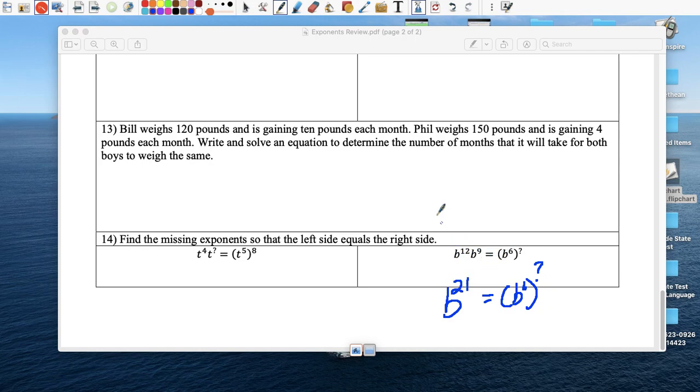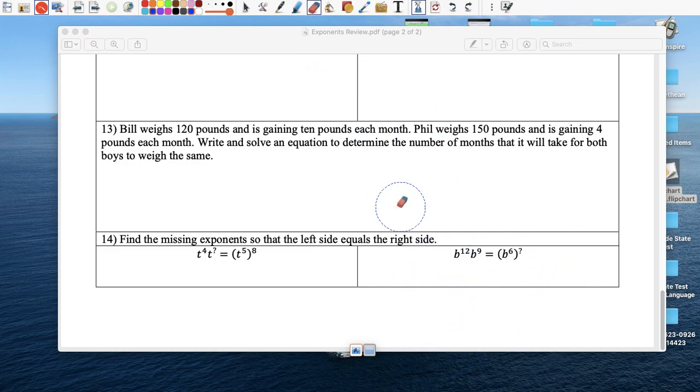And in this case, I made a mistake because there's nothing that you can multiply 6 by to get you 21, right? 6 times what power will get you that? It's not going to happen. Okay, so please ignore this one. I made an incorrect problem.